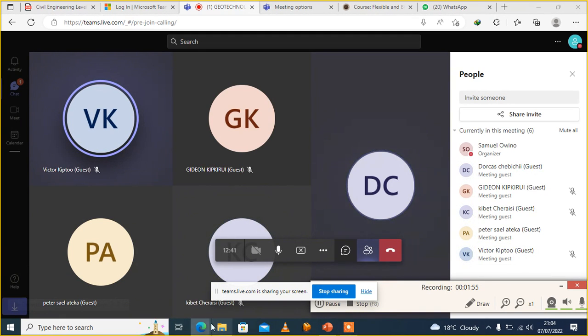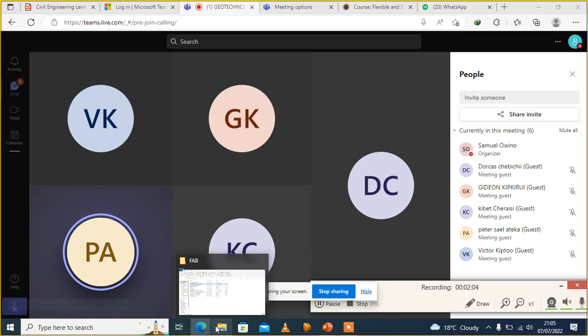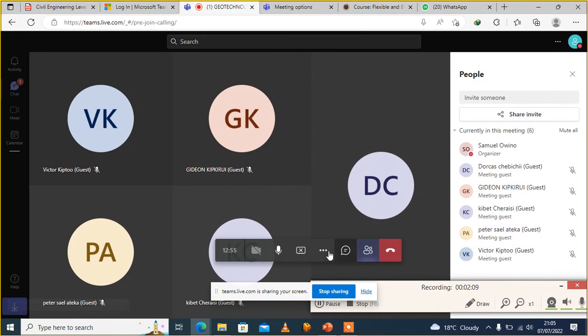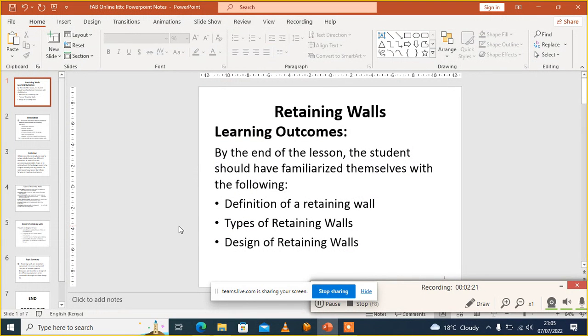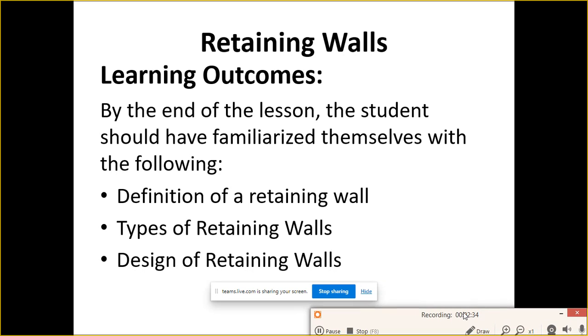So I want us to quickly begin this lesson. It will not take long. It's a geotech class, geotechnology, where we are going to learn about retaining walls. Before I begin, I can see all the members are present, which is a good sign for our class. I want to start by displaying the learning outcomes that we are supposed to achieve by the end of this class.